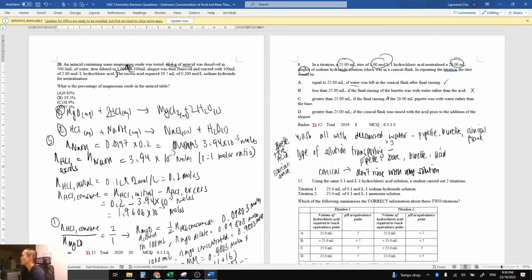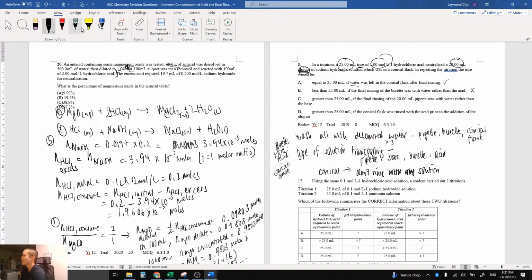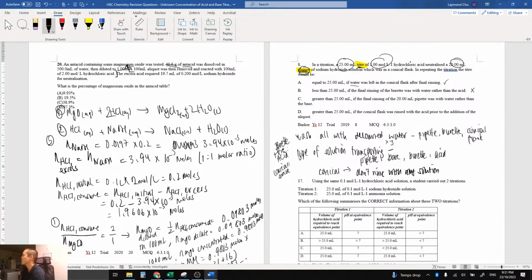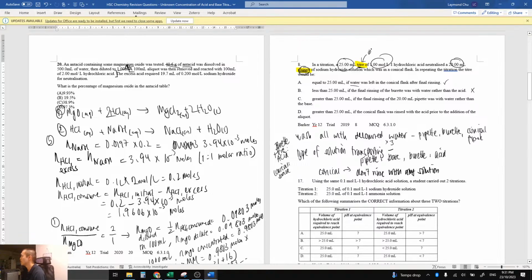These words are very important: titer and aliquot. What do they mean? They indicate where each solution is. Our titer will be in the burette, which matches what I've written, and the aliquot is what we put in the conical flask.